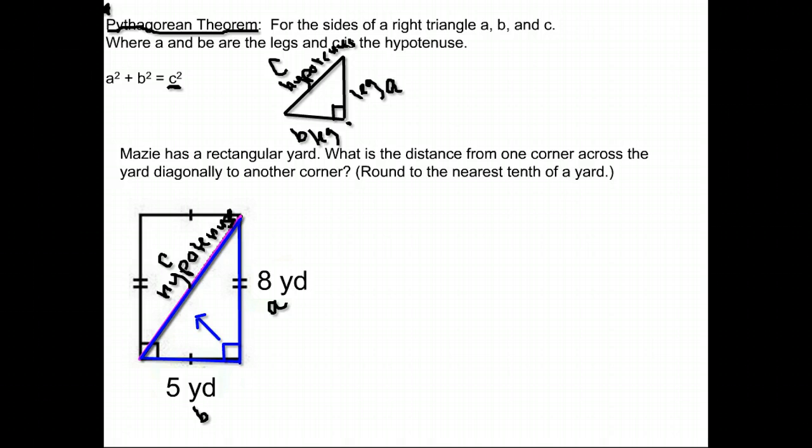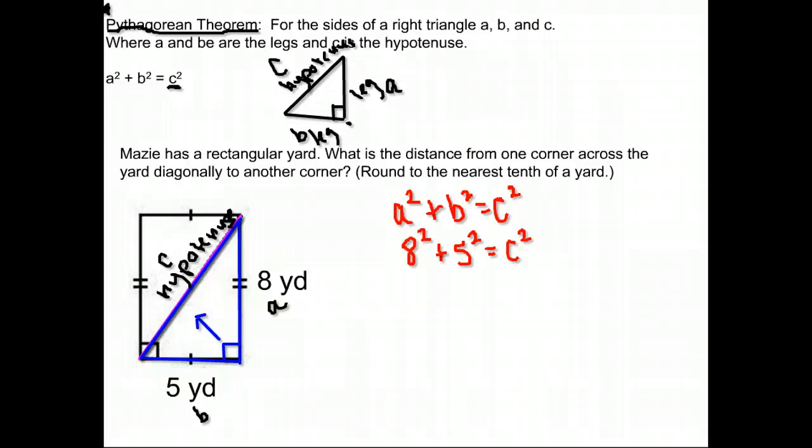The equation said, in a right triangle, A squared plus B squared equals C squared. Okay? Put in our A and our B. So the legs of our triangle were 8 and 5. We don't know the hypotenuse. That's what we're trying to find. That's our diagonal distance across Maisie's yard.